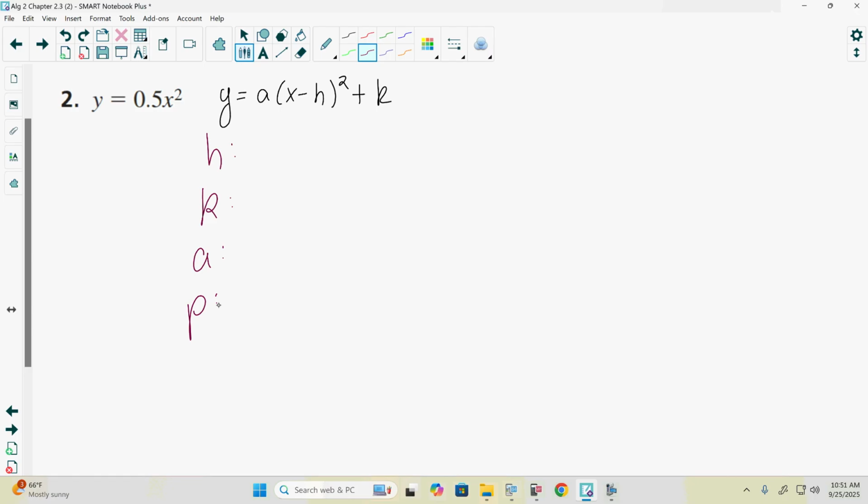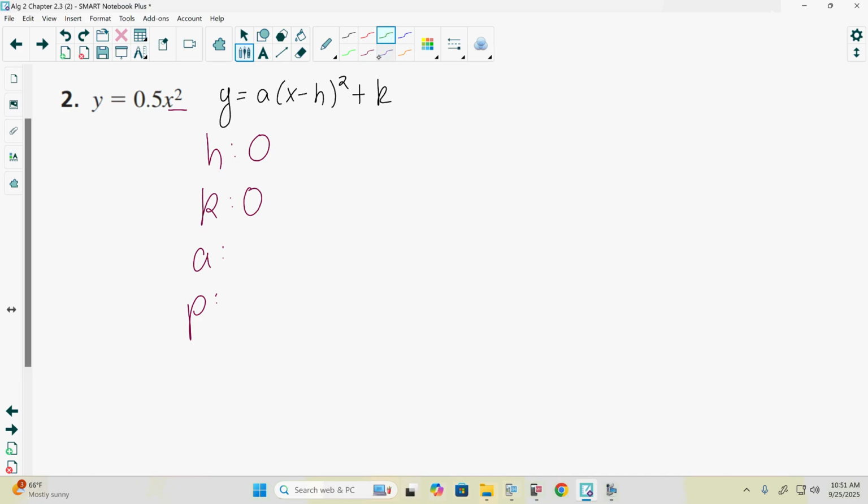So looking at this here, y equals 0.5x squared. What's the value of h and k? It's going to be 0 and 0, because we don't have a set of parentheses around our x. That means there is no h. We're not adding or subtracting something from x to get our h. We're not adding anything to the end, so that is also 0.